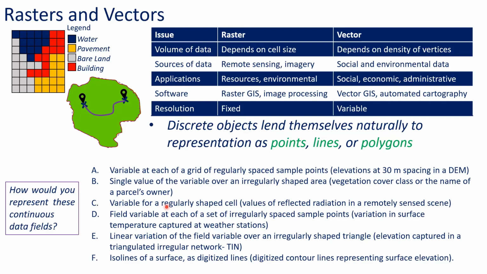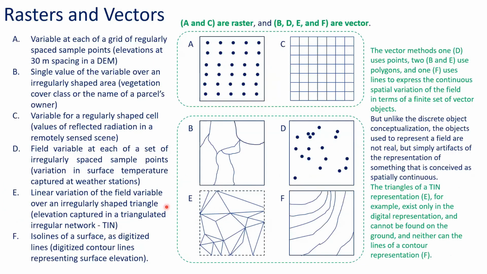So easy to remember. A and C are raster, and B, other stuff are vector, right? So let's see. Right. So A and C are raster, and B, F are vector. That's correct.